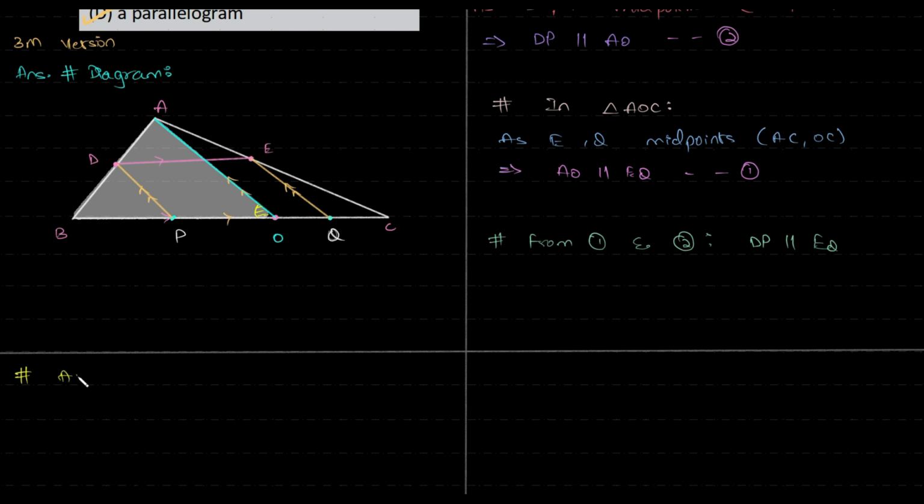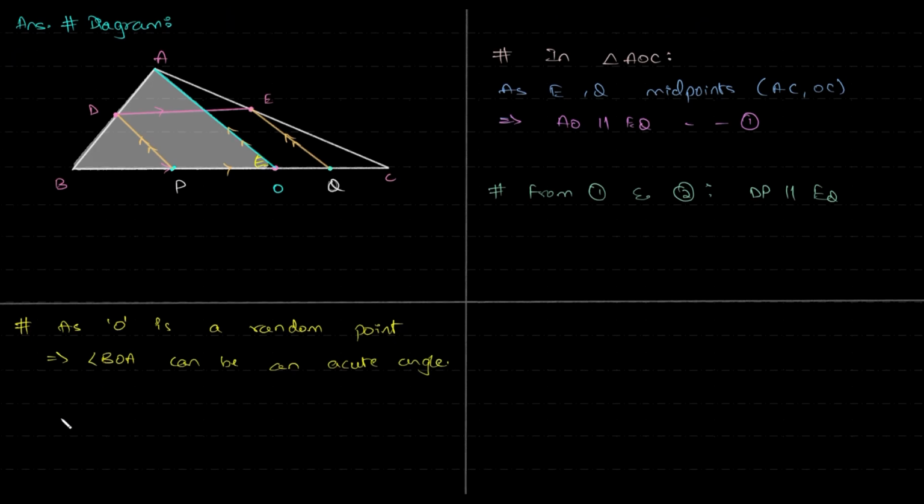We'll go with: as O is a random point, this implies angle BOA can be an acute angle. Agree? So with this, what can we tell? Thus, angle PDE can also be an acute angle.